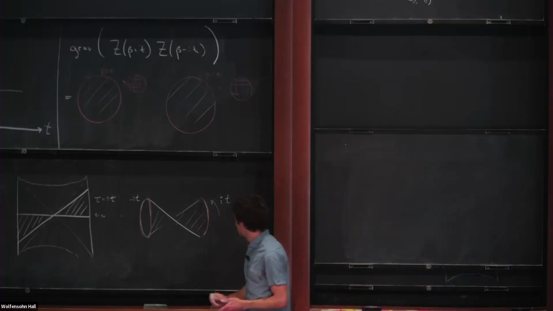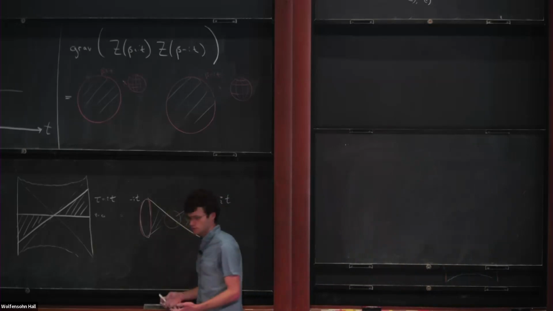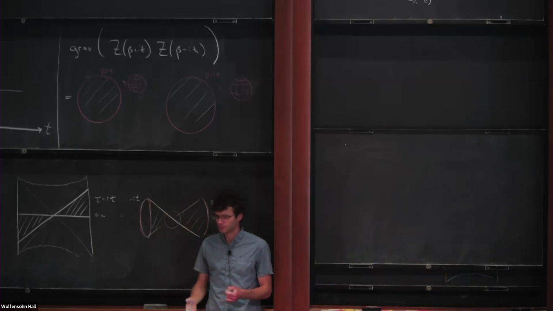Good. Yeah, so this point here looks singular, and it sort of is and is not singular. That's because there's a small deformation of the geometry by an i epsilon that is completely smooth. So the interpretation of that small deformation by i epsilon is not completely clear.